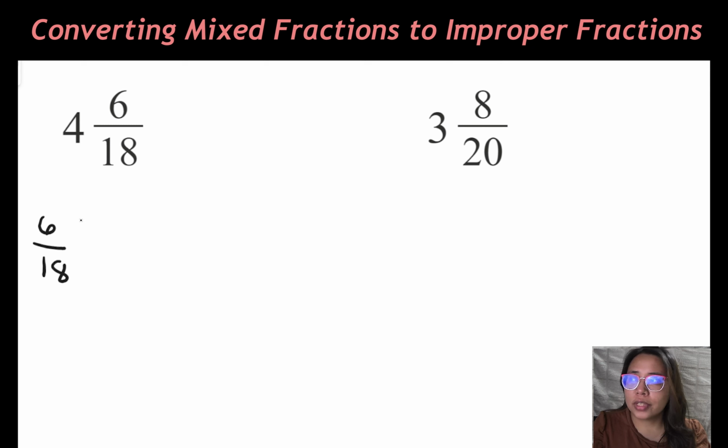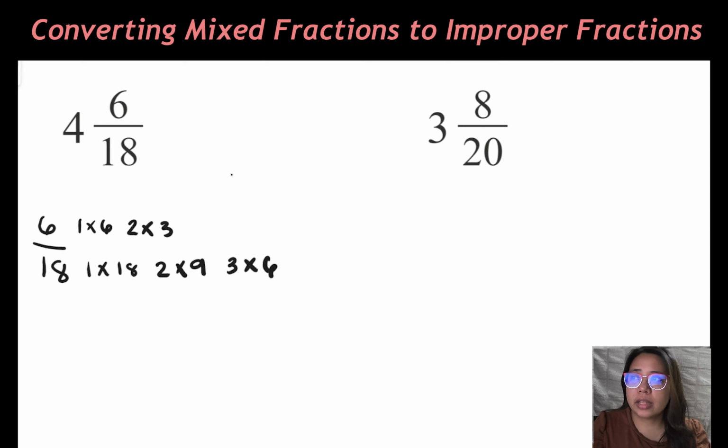So, we have 6. So, that's 1 times 6, 2 times 3. Okay. And then, punta naman tayo sa 18. So, we have 1 times 18, 2 times 9, and 3 times 6. Okay.